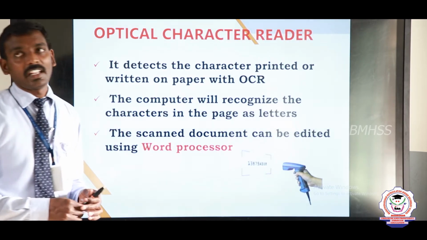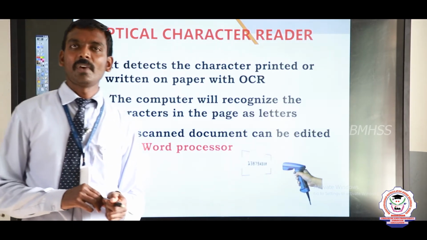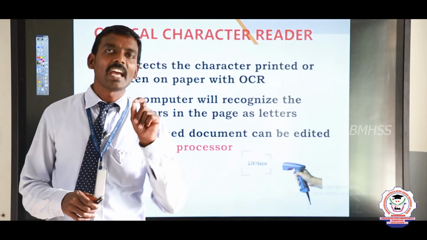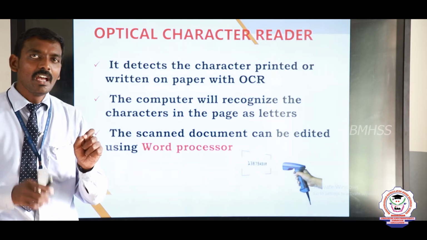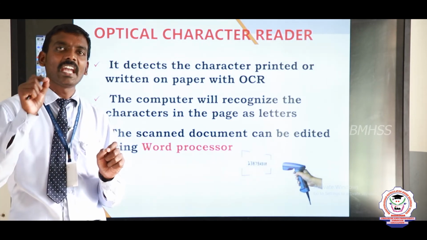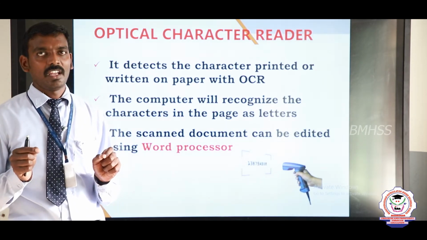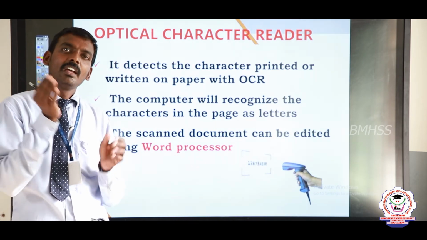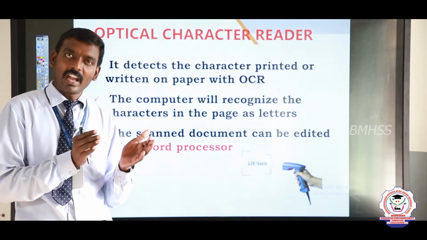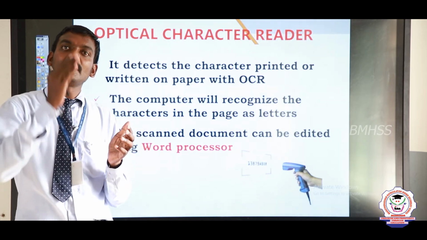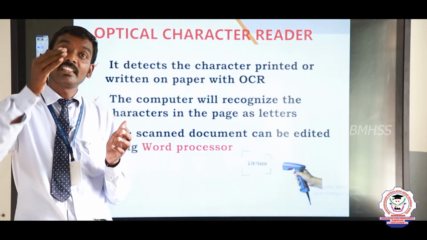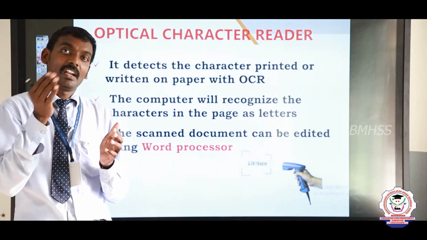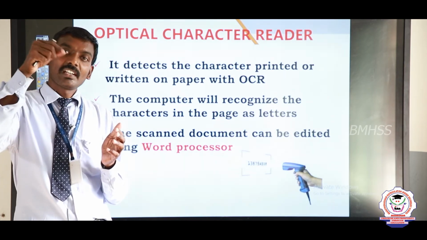Optical character reader, that is OCR. Very important, one more question. OCR, optical character reader, scans the page document character by character, that is a group of characters. It is also similar to a scanner. A scanner works on different lines, different thickness of lines, that is, a barcode reader scans the different lines.